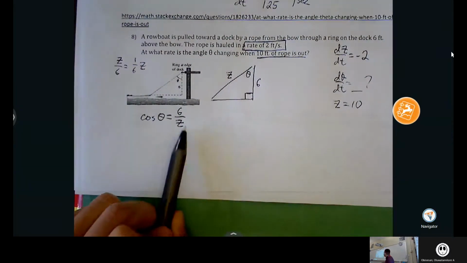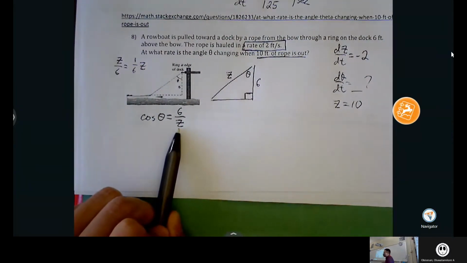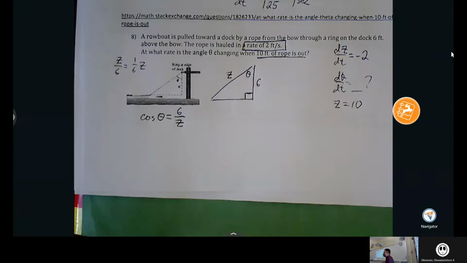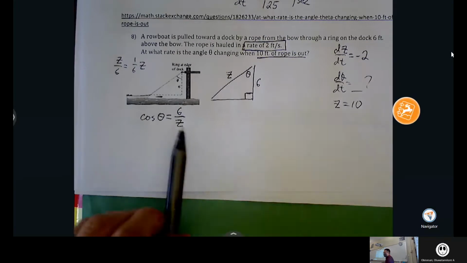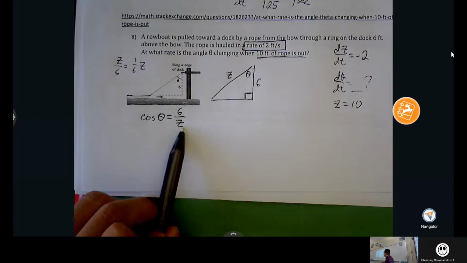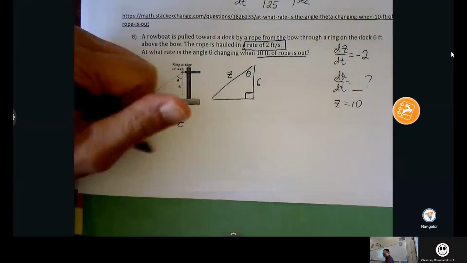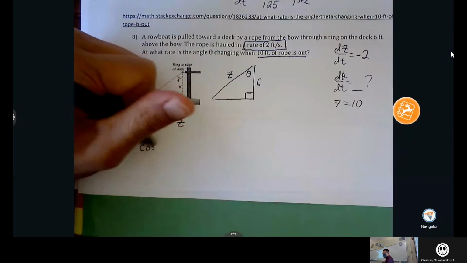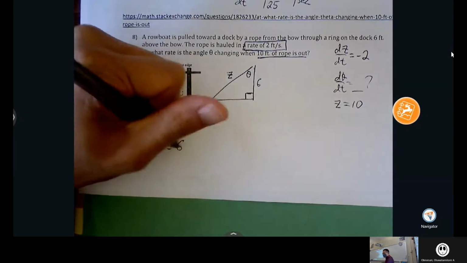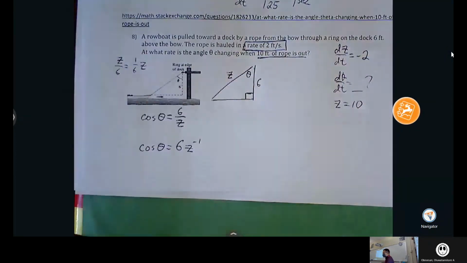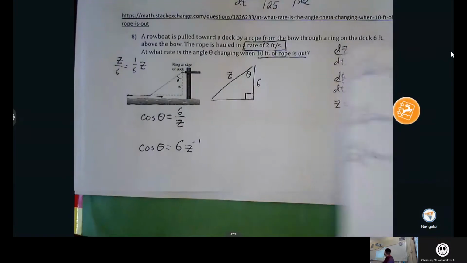But what can we do so that we don't have to look at a denominator? Where can I put that z? What if I move it up top? Oh, should you make z to the negative 1? Mm-hmm. Okay, so now we found the derivative.